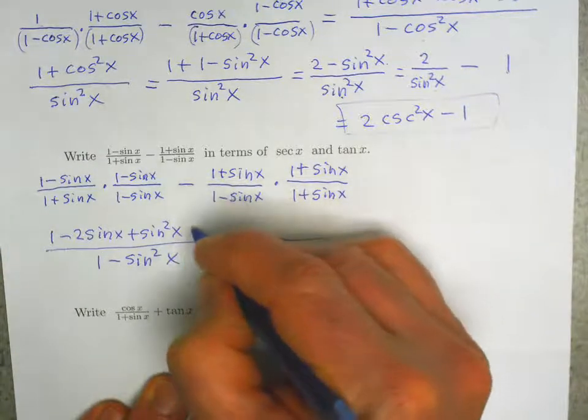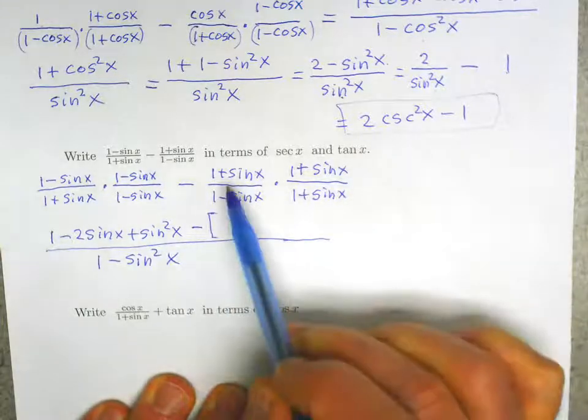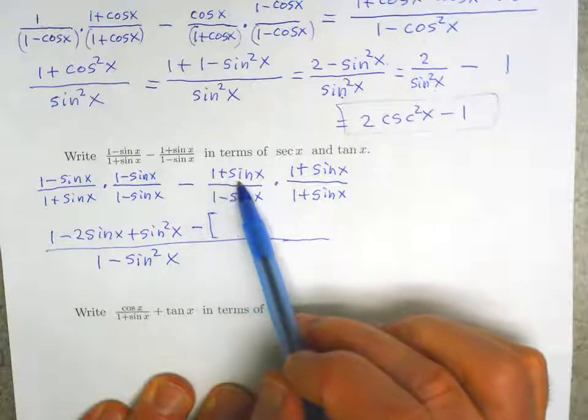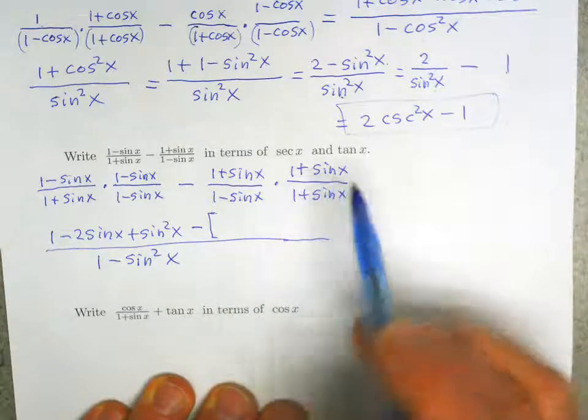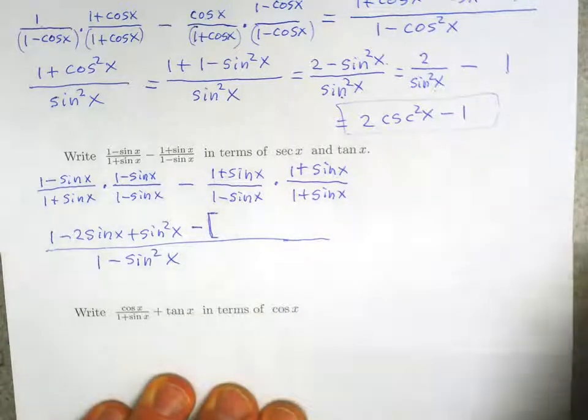And then we have to subtract the product we get when we multiply 1 plus sine of x times 1 plus sine of x. So I'll put that quantity in brackets, and then afterwards we'll subtract it.